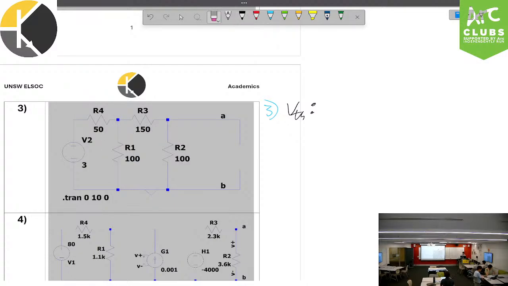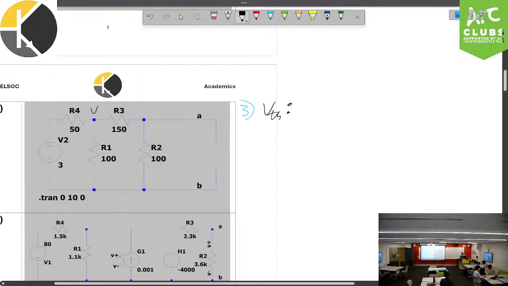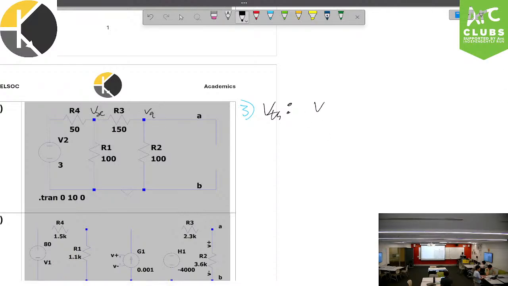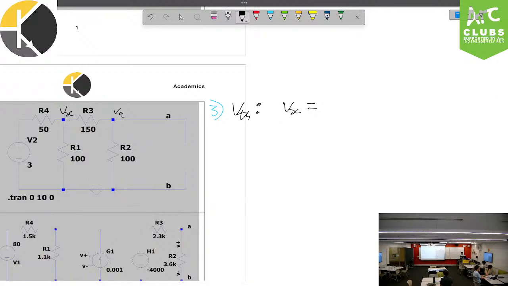So we actually have to find the equivalent resistance here to actually voltage divide. Okay? So let's make sure we do that. So, once again, Vx over here, Va over here. Vx is going to be equal to the voltage division of this equivalence on the right-hand side between Vx and Va.